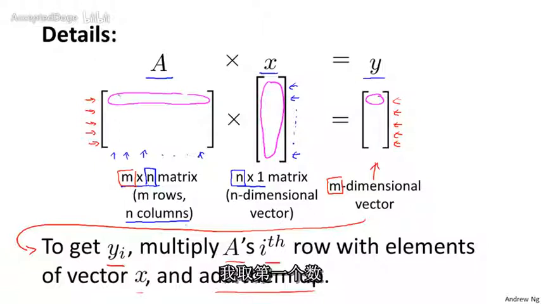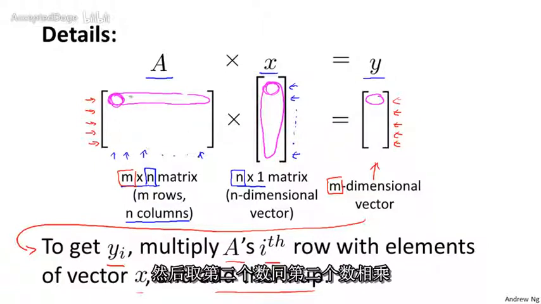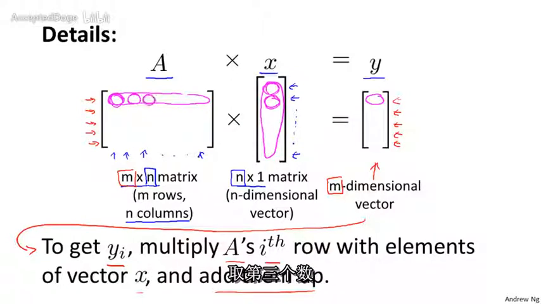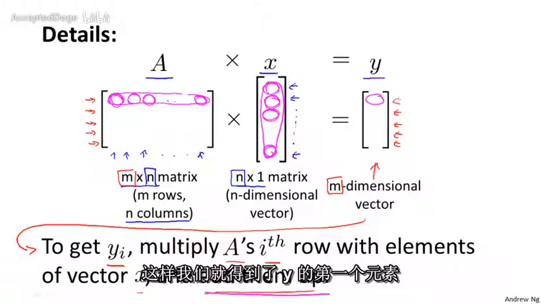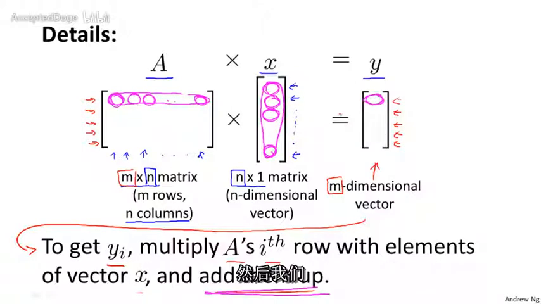We take the first number, multiply by this first number, then take the second number, multiply by this second number, take the third number, multiply by the third number, and so on until we get to the end. Then we add up the results of these products, and the result of adding that up gives us the first element of y. When we want to get the second element of y, the way we do that is we take the second row of A and we repeat the whole thing.